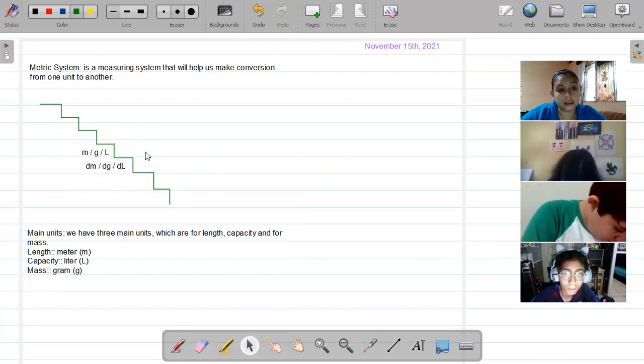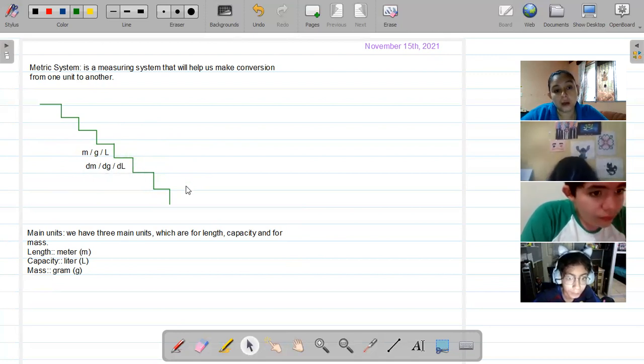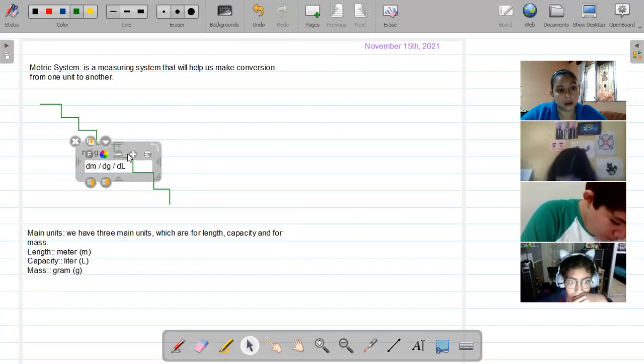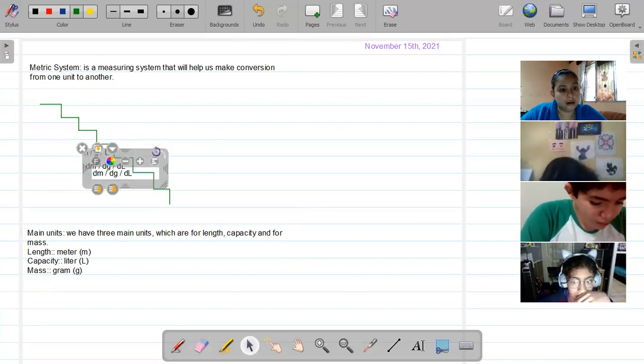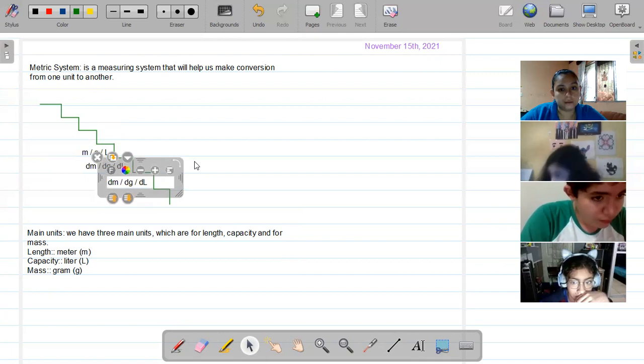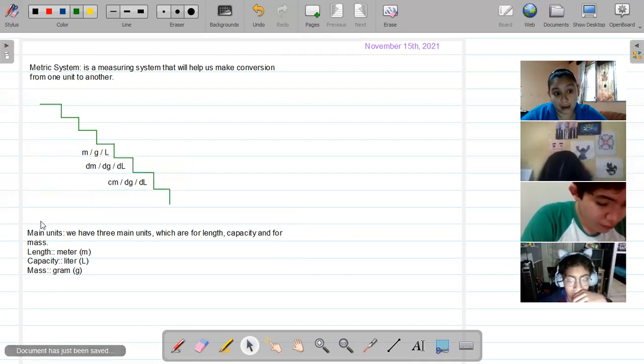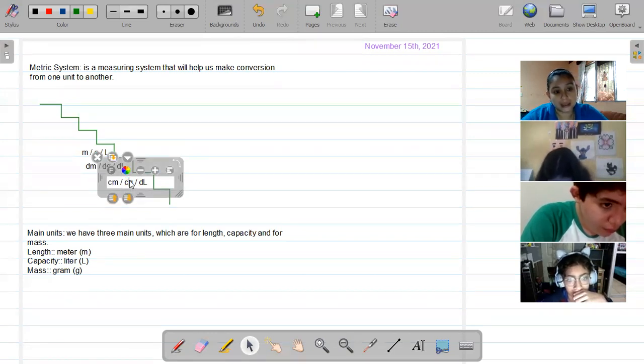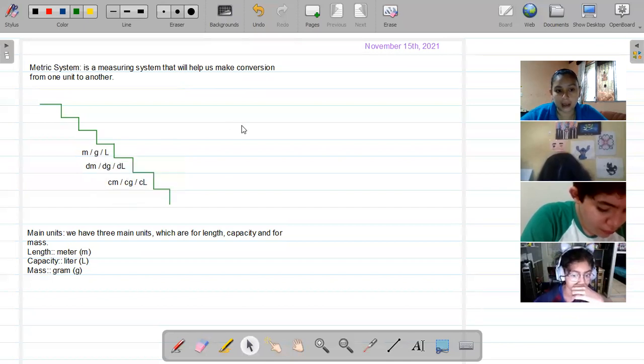Every single one of these stairs counts as 10 units, either 10 units smaller or 10 units bigger. So I'm starting with those. Now, I'm going with the next one. The next ones are centimeters. You have heard about that. Your ruler has centimeters, centigrams, and centiliters.